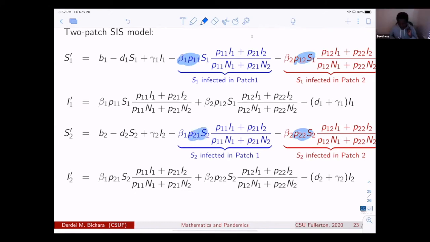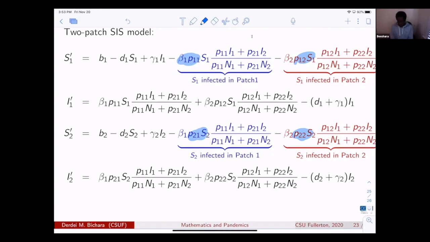Right? But not only that, it depends also on the risk factor of this particular patch.